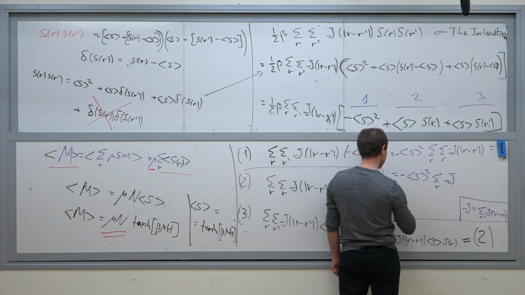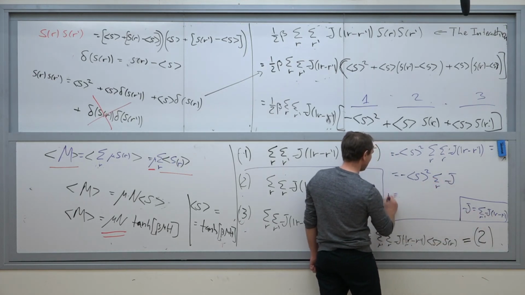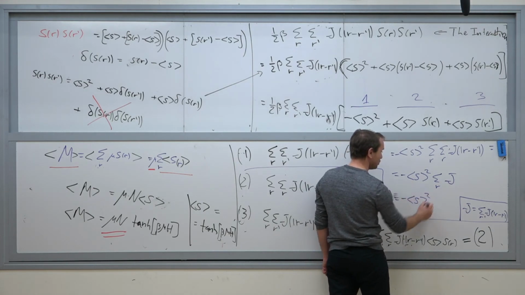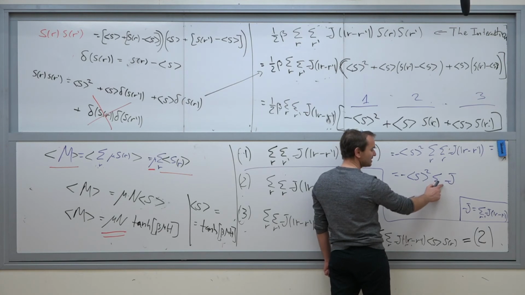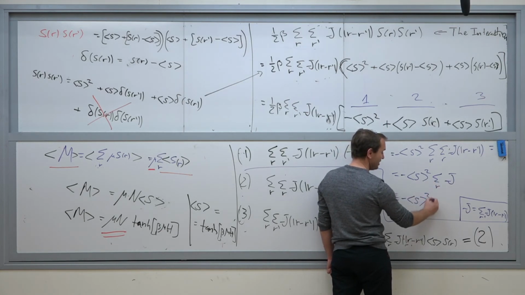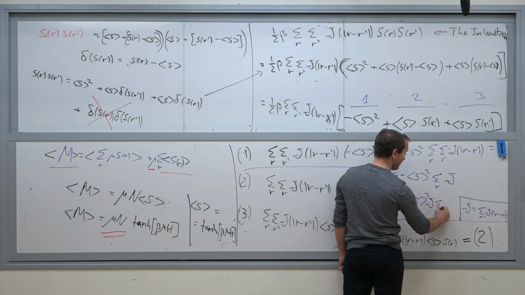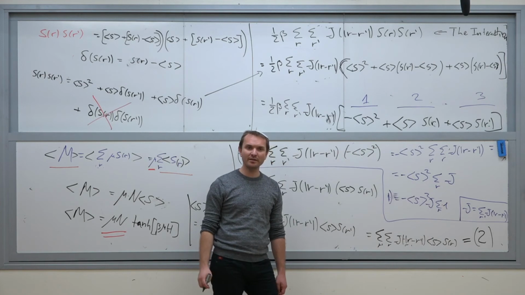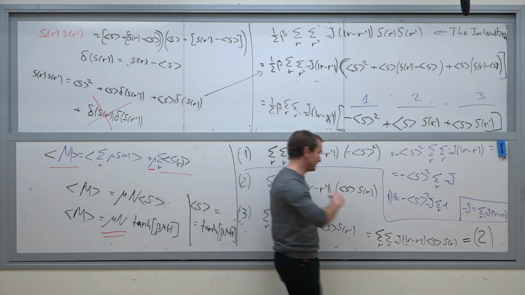Now I'm left with that 1 simply equals minus s squared, sum of r over j. So it's j, the sum over r of what? Of 1. How many particles do I have? How many spins? N spins.